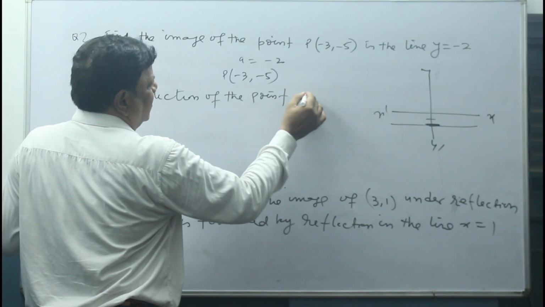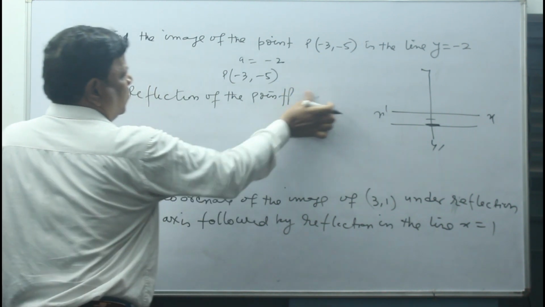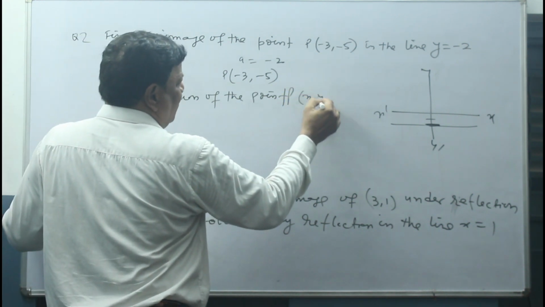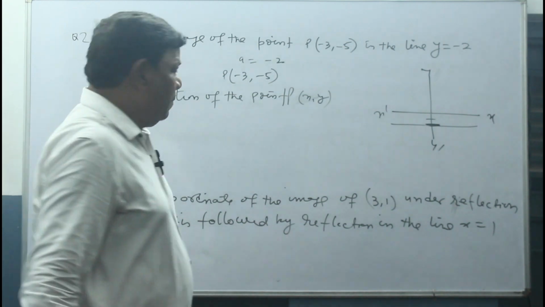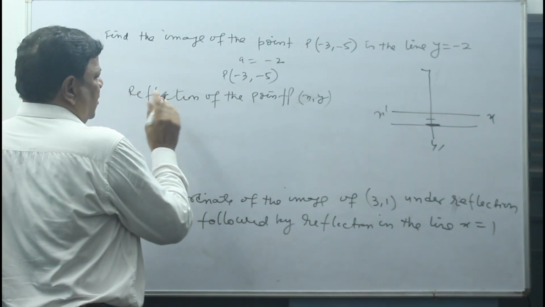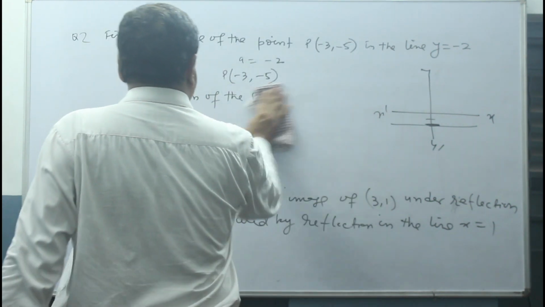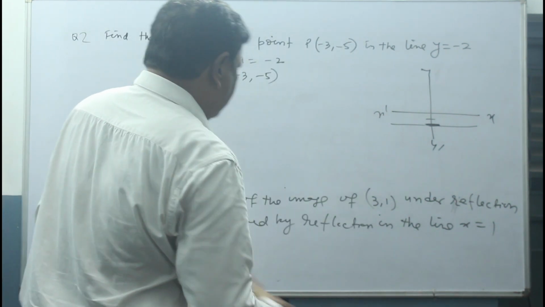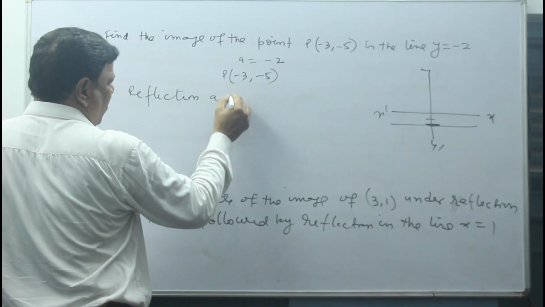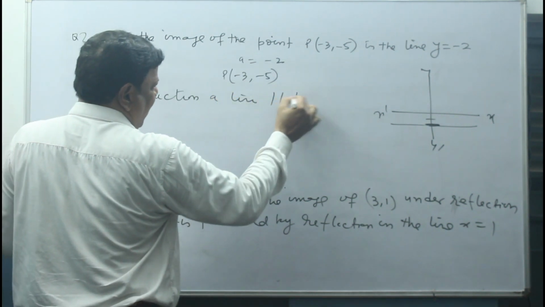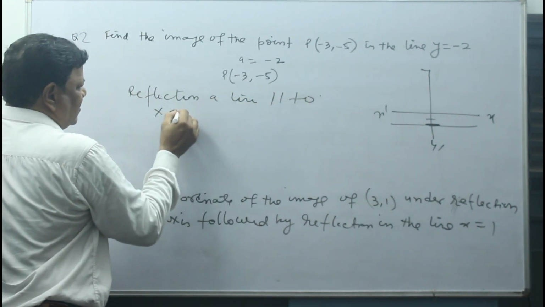What is the point? P(x, y). If x, y is there, then what is the answer? Reflection of a line parallel to x-axis.